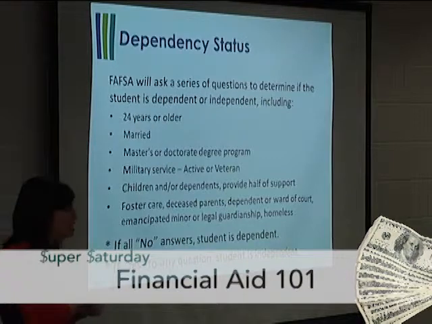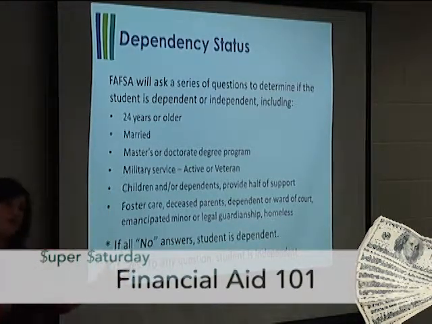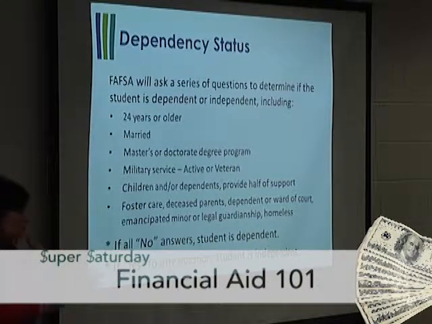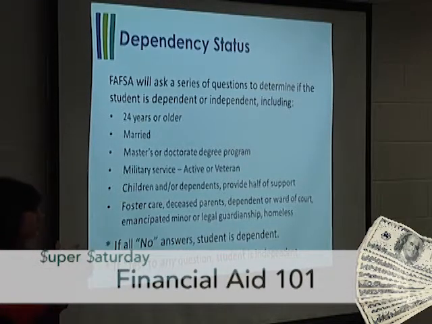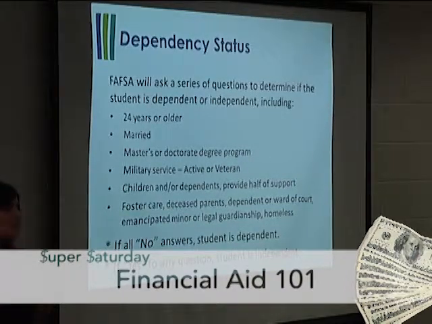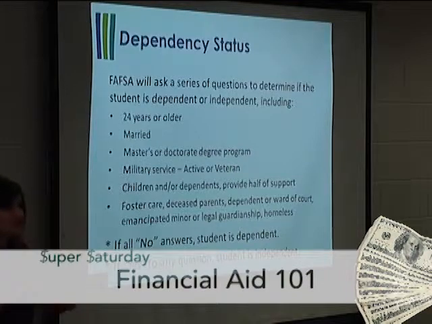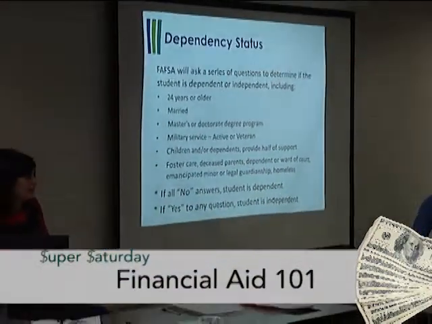Maybe they got dropped off with grandma when they were a small child, and they don't have a relationship with a parent specifically, or maybe their parent won't disclose their tax information and their income information because they don't have a relationship. Those things happen. Those are things that you need to communicate specifically to the financial aid office at the institution where you're applying. Okay? They make those decisions in that office about your dependent status.